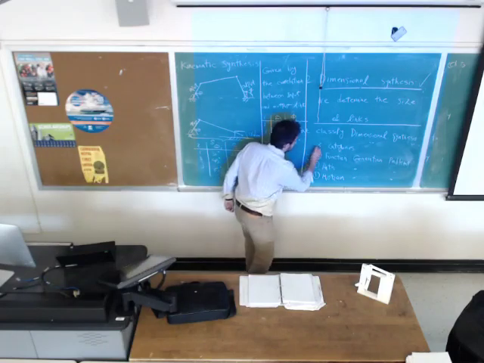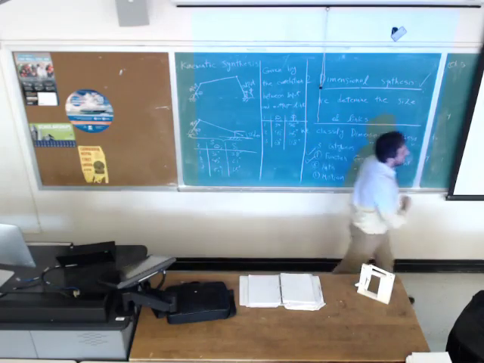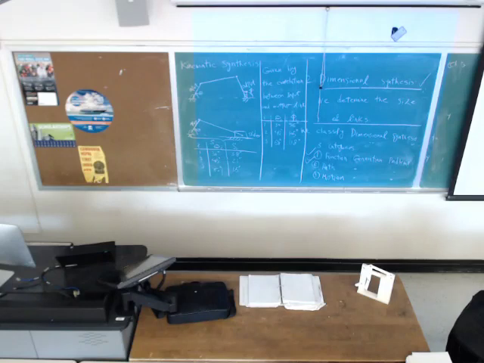So function generation, path generation. What would be the motion generation? This is about moving a point. Motion generation is about moving a rigid body, not a point.